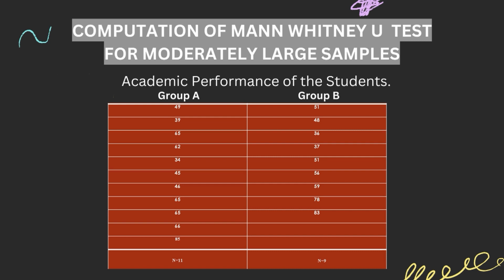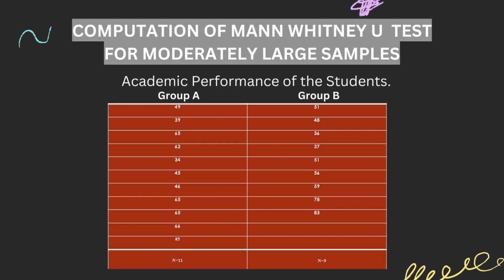So, we have two kinds of teaching method here: first is lecture and second is group discussion. The sample size of group A is 11 and the sample size of group B is 9. As you can see here, the scores under group A and group B.